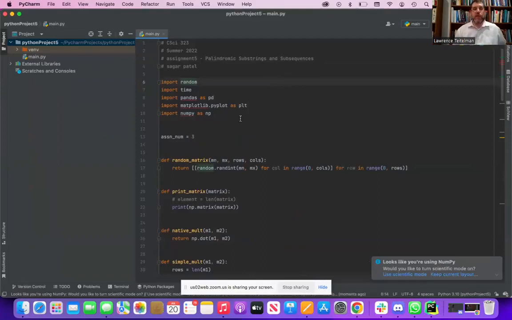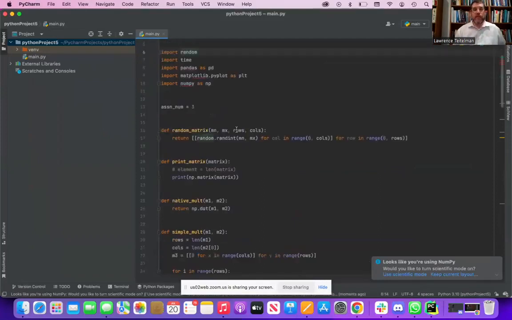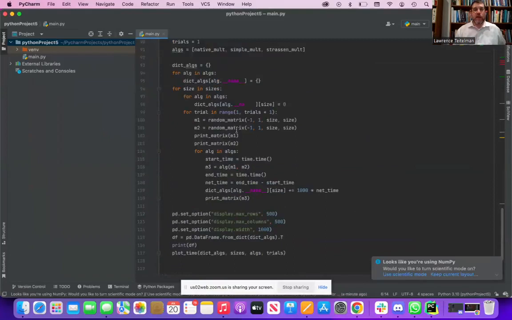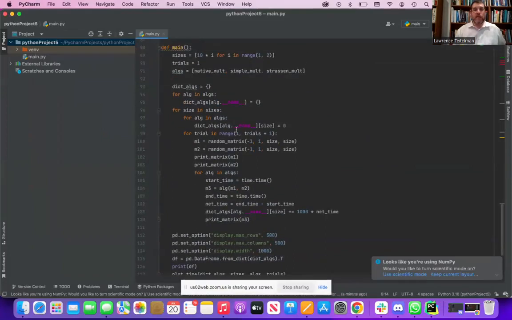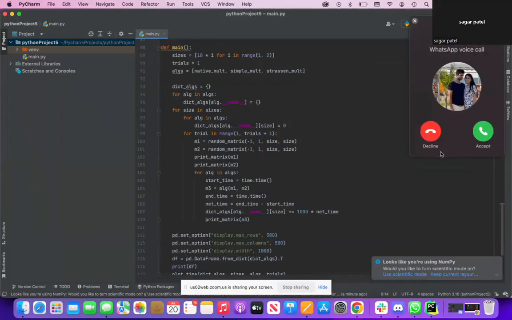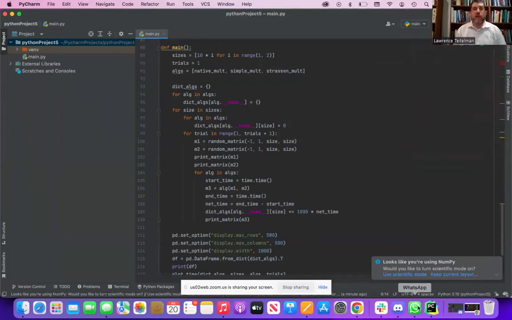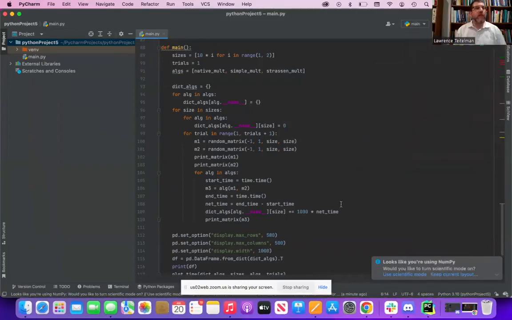You can leave those import statements there for now. Go to the bottom. Okay, good. So for now, we're going to code the example that's in the slides, and it's also in the assignment.